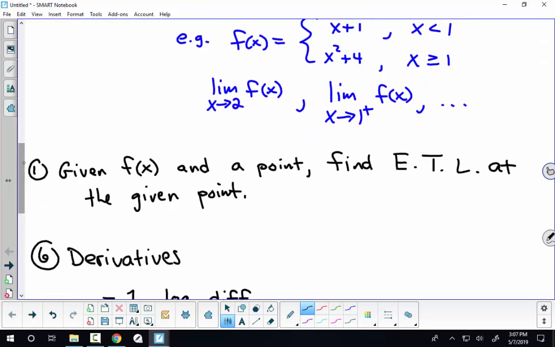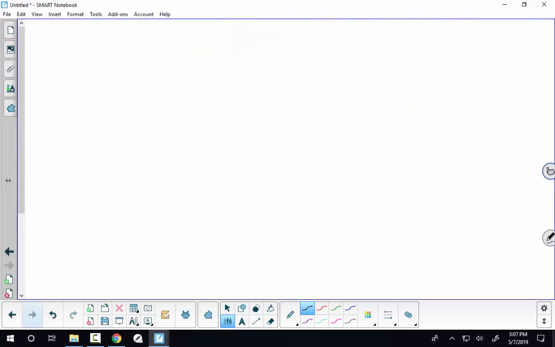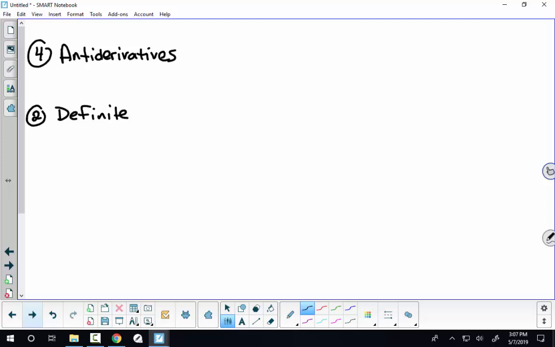You're good. Okay. There's going to be 4 antiderivatives. Some of those could involve U-substitution. There's 2 definite integrals. Remember, another word for the antiderivative was the indefinite integral.